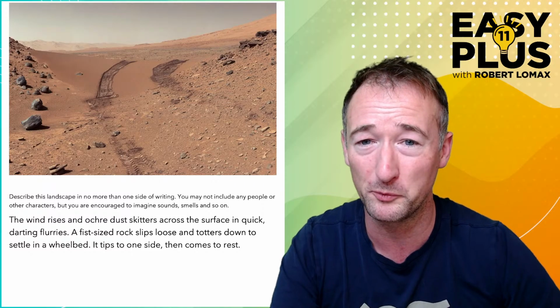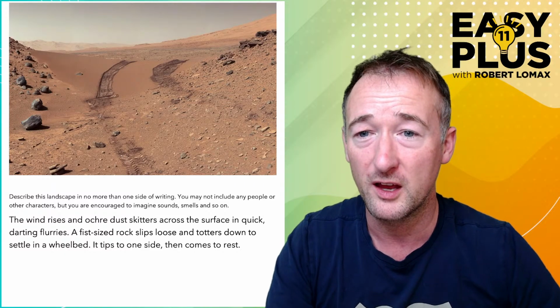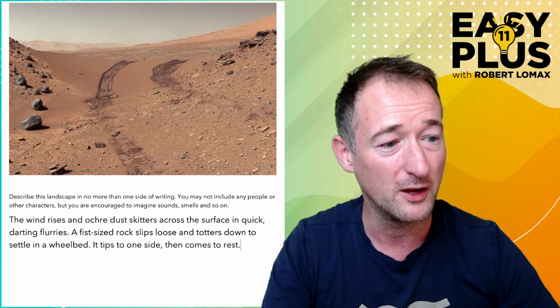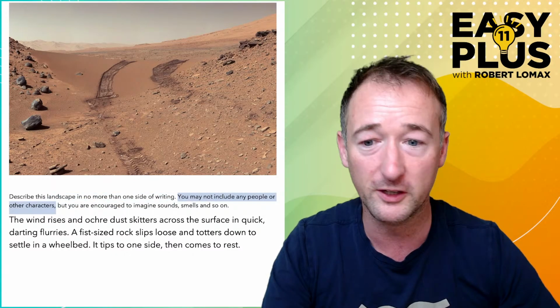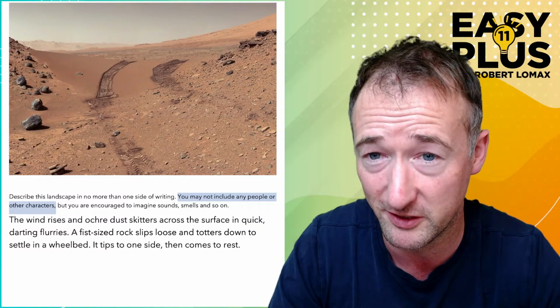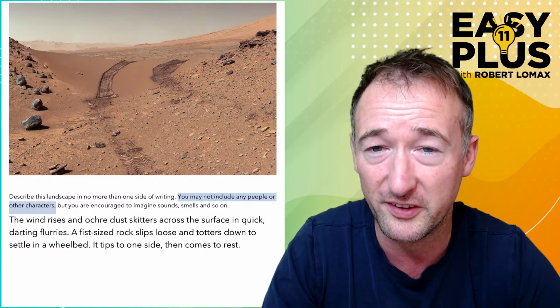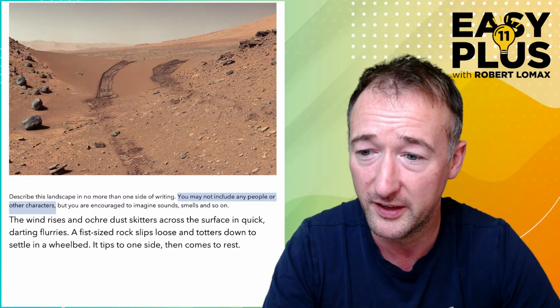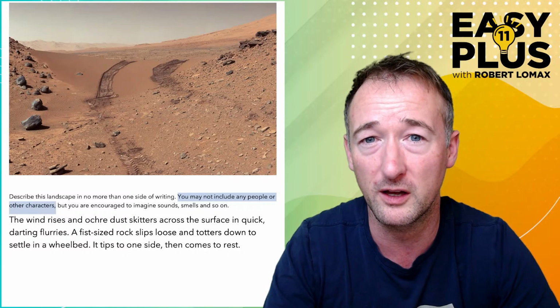Now that's a really important point that I want to make, because for any writing to be effective, pretty much, it needs to include characters. But you may not include any people or other characters. But how do you engage with a bit of writing if there's no character to it? So the way that you deal with this is that you give character to non-living things. So here we've just made the rock a little bit of a character.